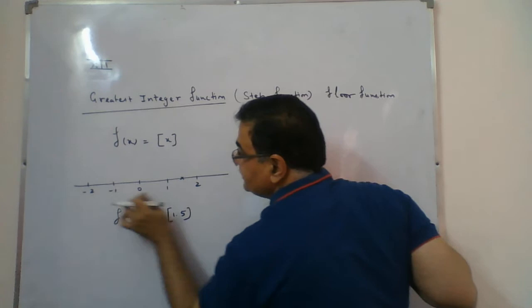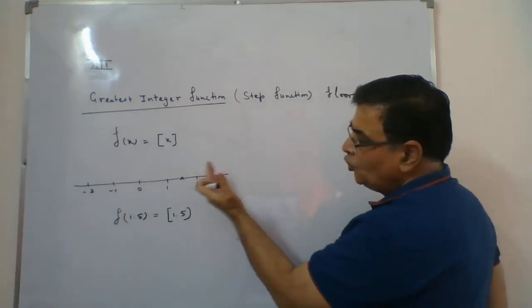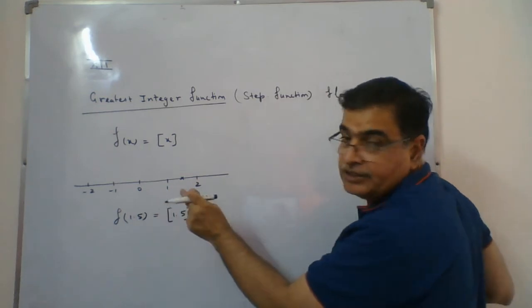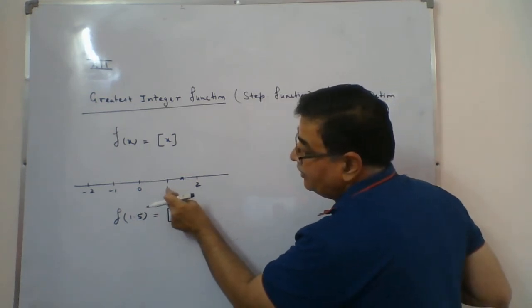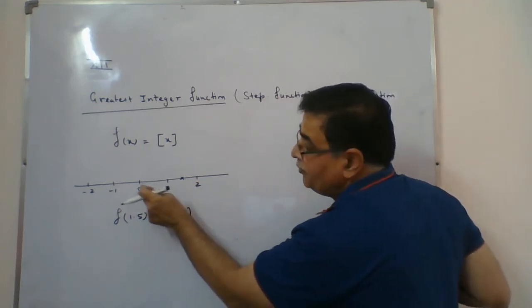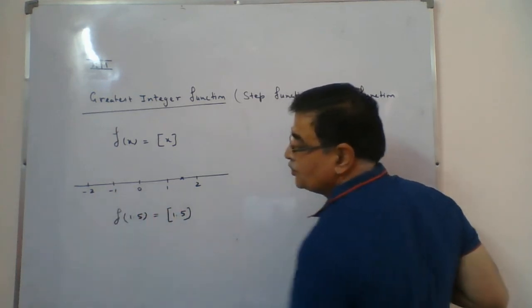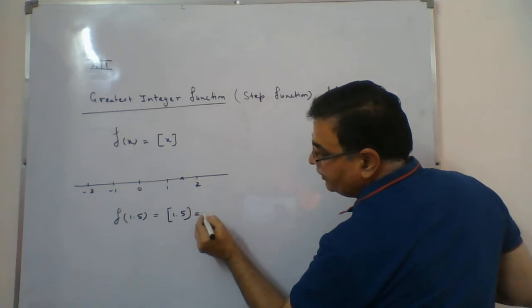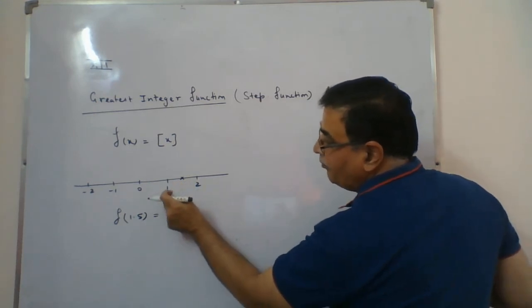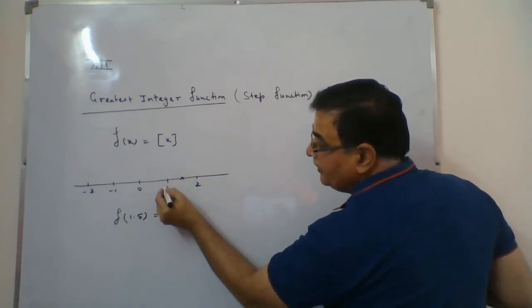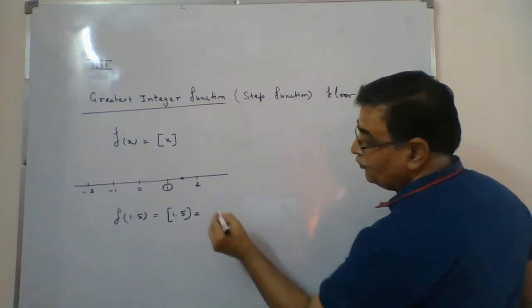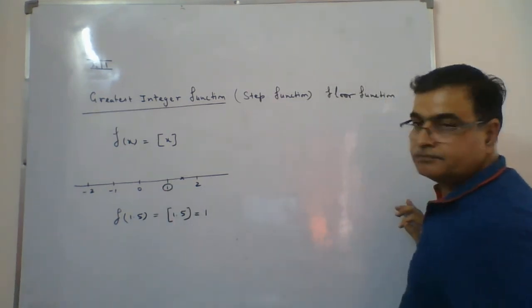All these integers are included in this number. 2, 3, 4 are above it. So the integers included in this number are 1, 0, minus 1, minus 2. Whichever is the greatest among all of them, that greatest integer will be 1 in this case. So we will say it comes out to be 1.